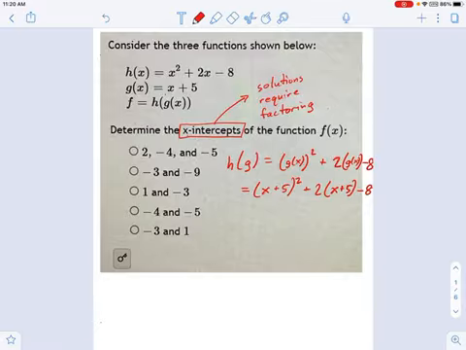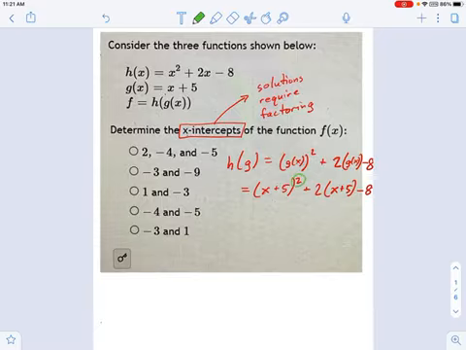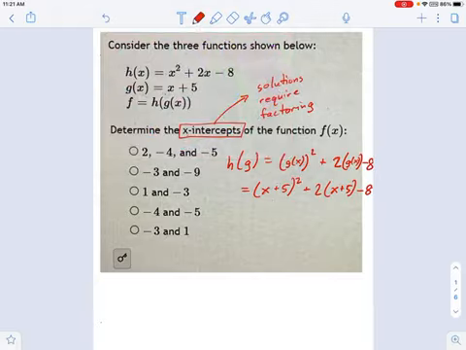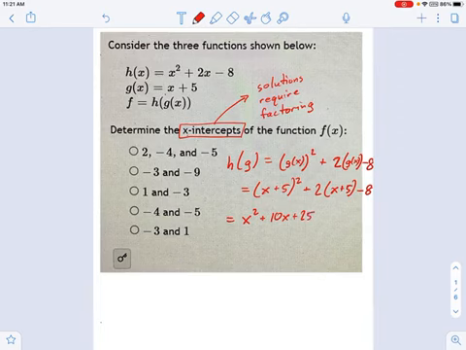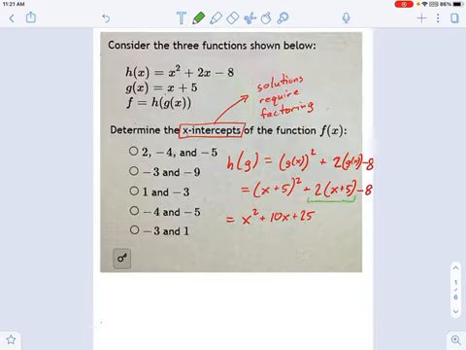Keep working. We're going to have to simplify this. You see there's squared terms right here. I have squared terms and I have regular x terms, and that means we're heading towards factoring as part of this solution. So we combine like terms as much as we can. First, I'm going to break open this parentheses right here. X plus 5 with a squared on the outside becomes x squared plus 10x plus 25. And then I have this part, which I'll label in green.